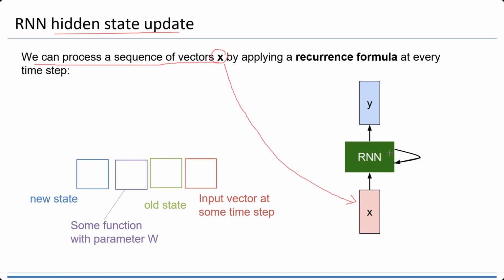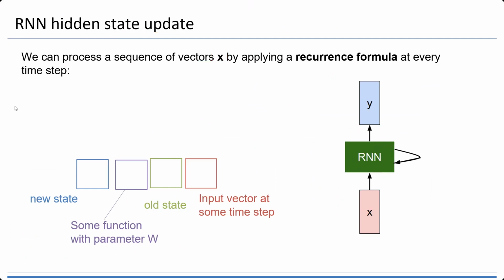So we are going to apply this formula every time step. So the every time step, as you may know, we have like time 1, time 2, time 3, and so on until it will be the time n.